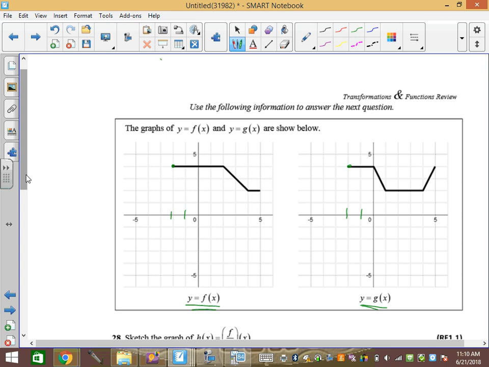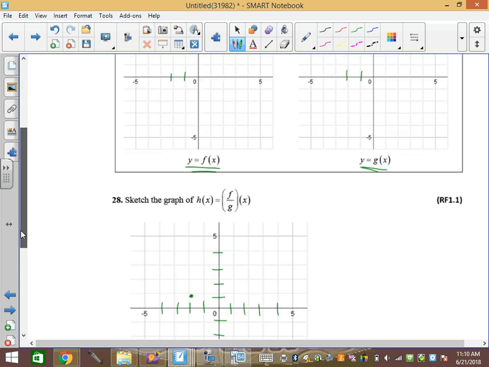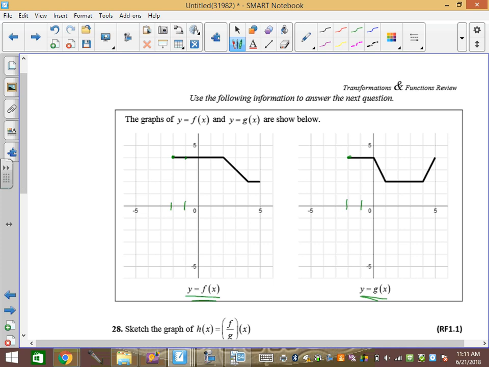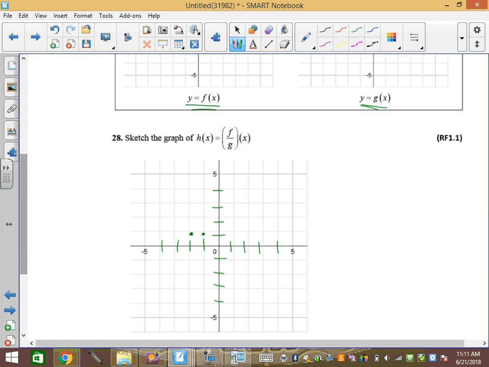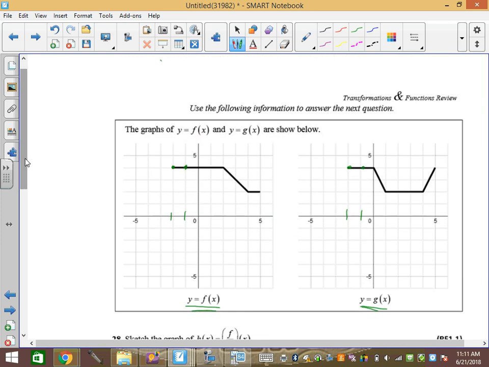Then I'm going to do negative 1. 4 divided by 4 again, which is 1. I'm at negative 1 and 1. Then I go to 0. 4 divided by 4, which is 1 again. So I'm at 0 and 1.